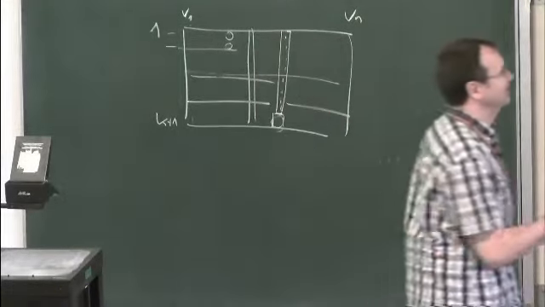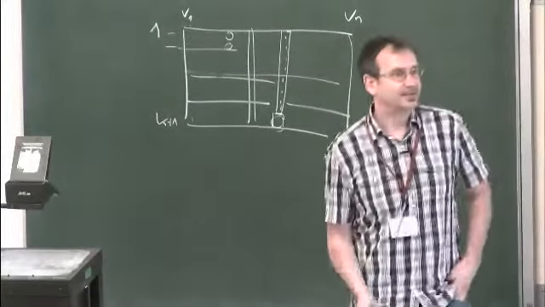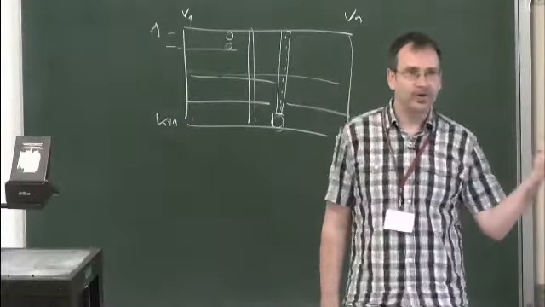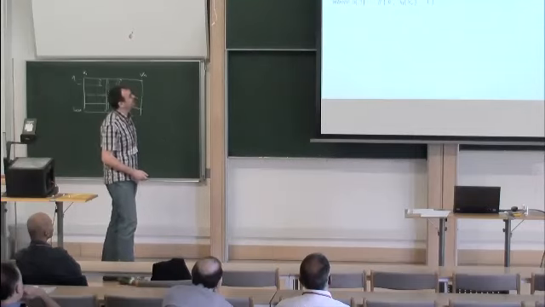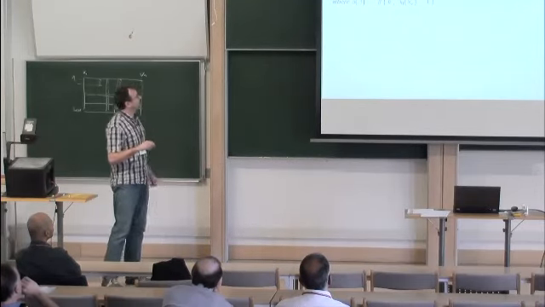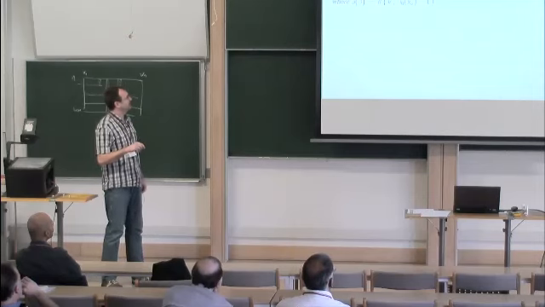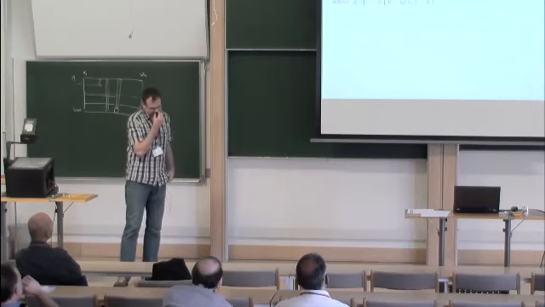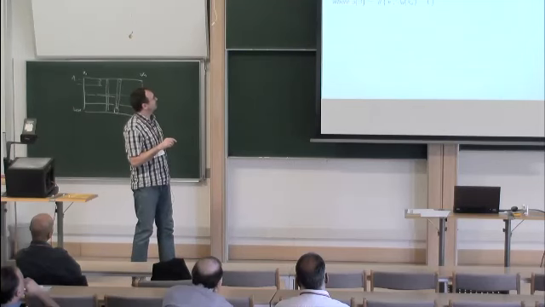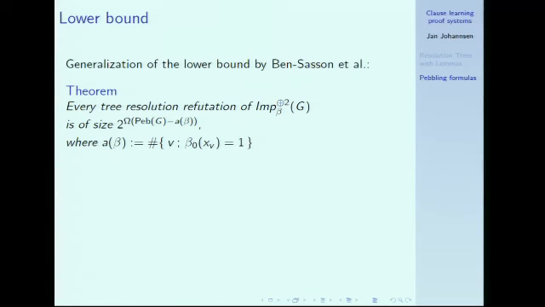So then what we need is a lower bound for that, and for that we can adapt the lower bound for the ORified implication graph formula by Ben-Sasson and others, and prove the following: if a tree resolution refutation is given of these generalized XORified formulas, then it is of size 2 to the pebbling number of the graph minus a, where a is the number of variables which have not been replaced by an XOR.